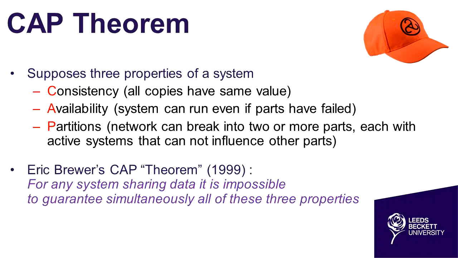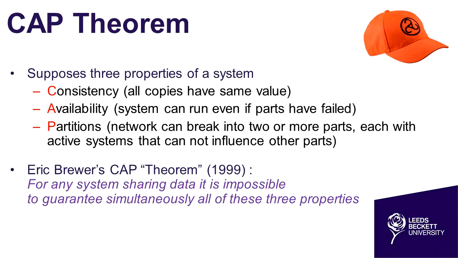Now the reason we are discussing this is because the CAP theorem says that for any system sharing data, it is impossible to simultaneously guarantee all of these three properties. So out of the CAP, we cannot guarantee all three of them. There have to be compromises somewhere.